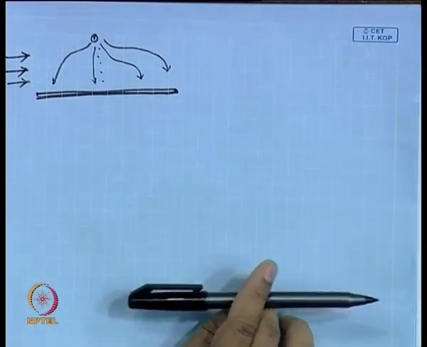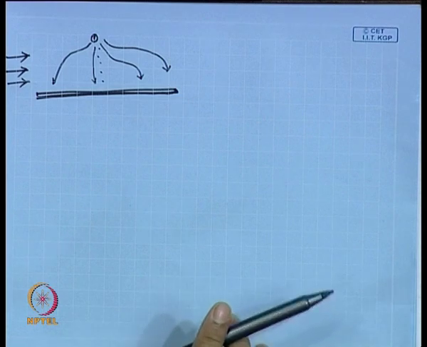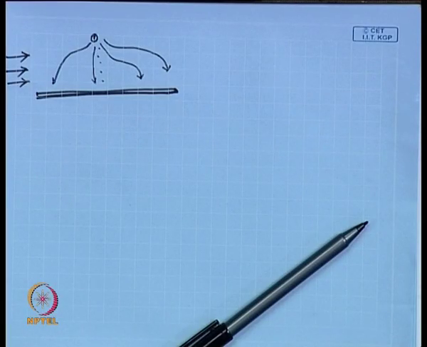So, it can work as a trap, that means the particle is held within this electric field, or it can be working in an FFF mode, that means the particle is settling at a particular layer and would be eluting along with the velocity profile.